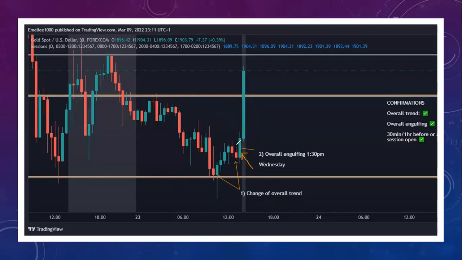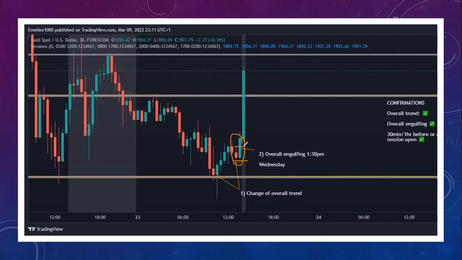This candle broke the high and the low of the previous candle, right? An engulfing candle broke the high and also broke the low of the previous candle, but then it closed in a particular direction, bullish.